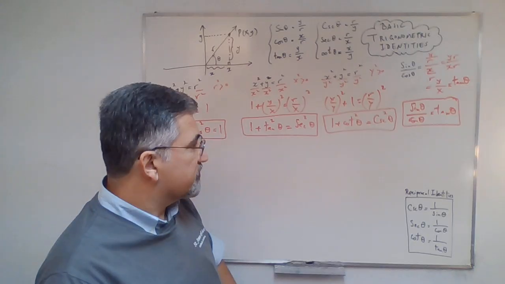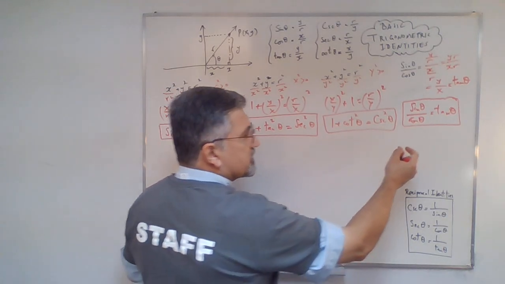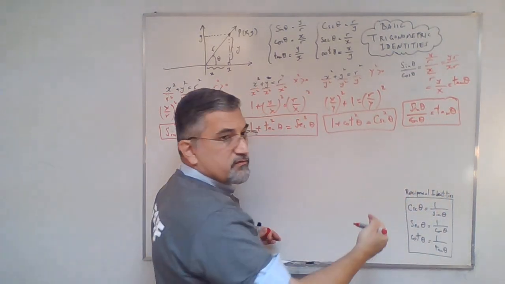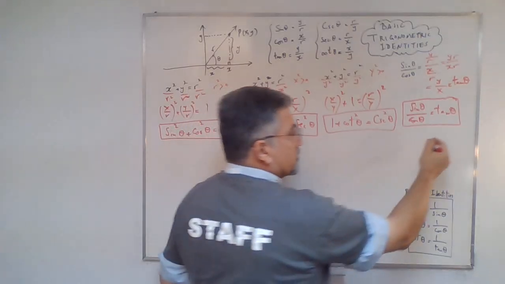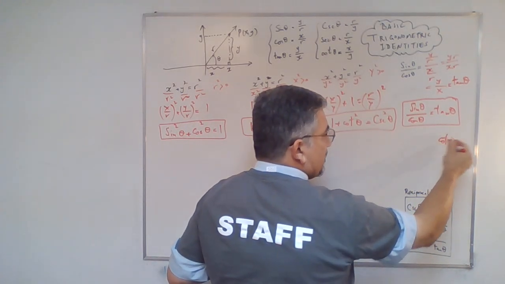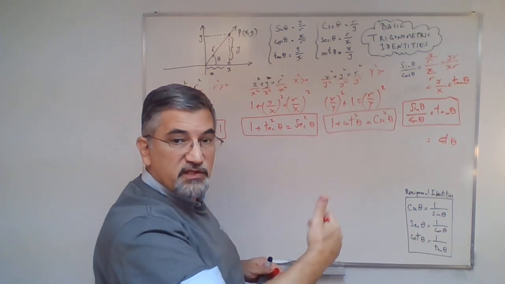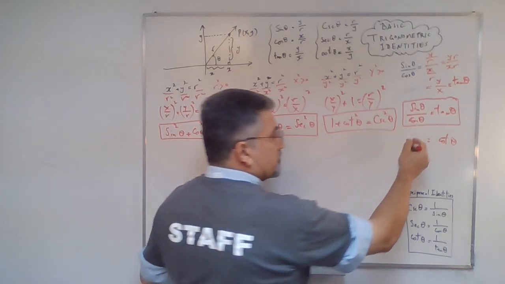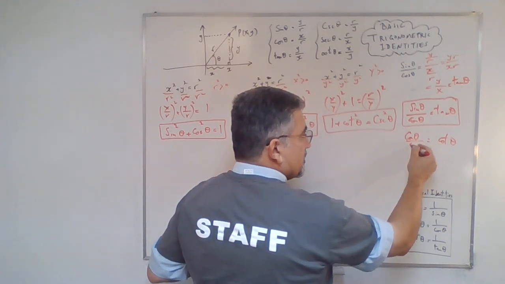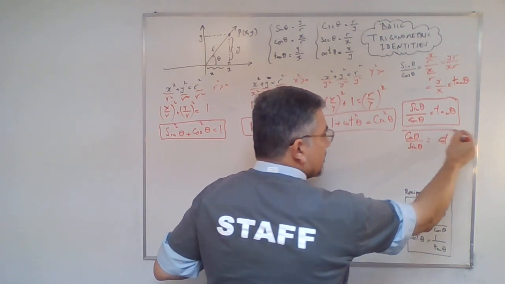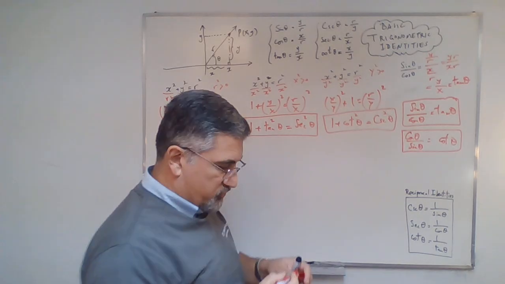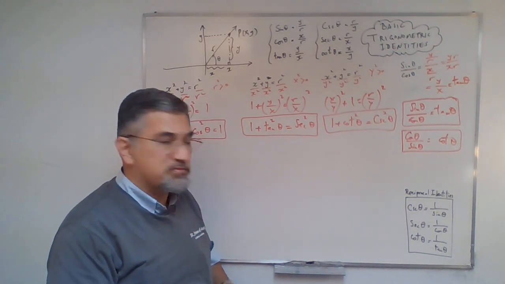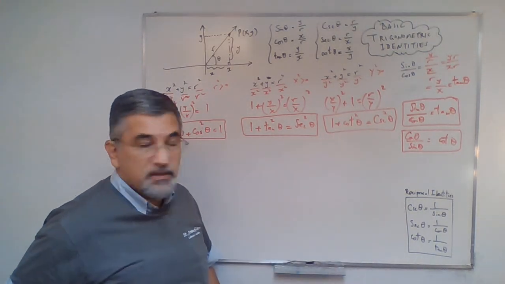So if I write down the reciprocal of tangent theta, which is cotangent of theta, then I have to write the reciprocal of the left side as well. So that would be cosine of theta over sine of theta. And that is just another trigonometric identity that can simply be derived.